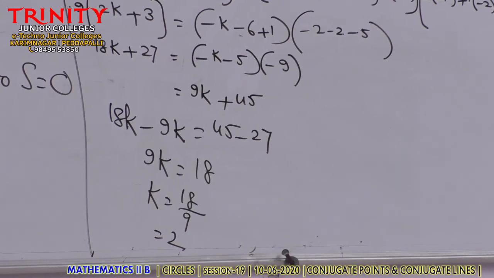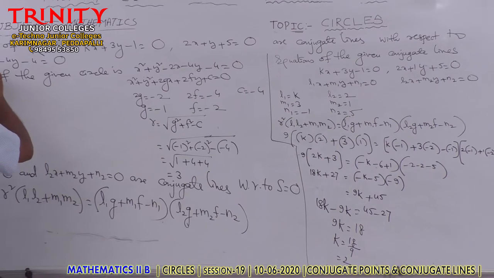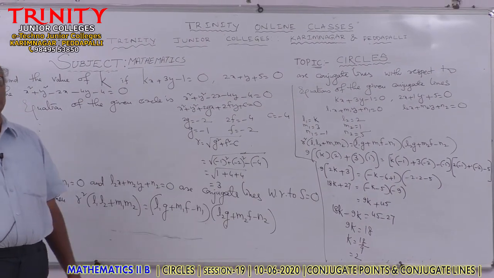If these two lines are conjugate lines with respect to the given circle, then the value of k is 2.